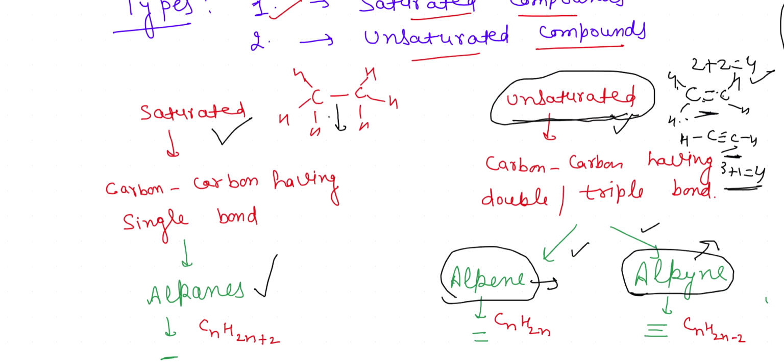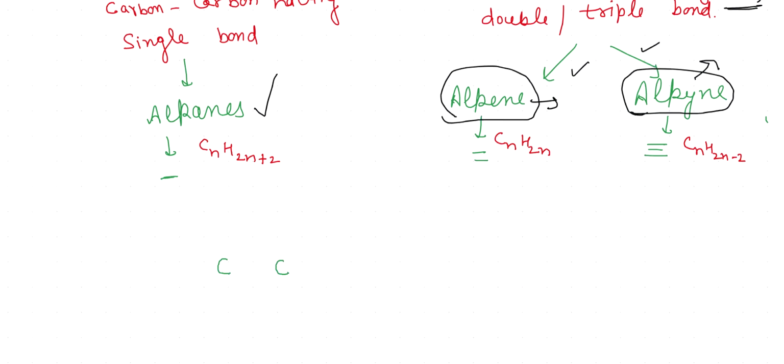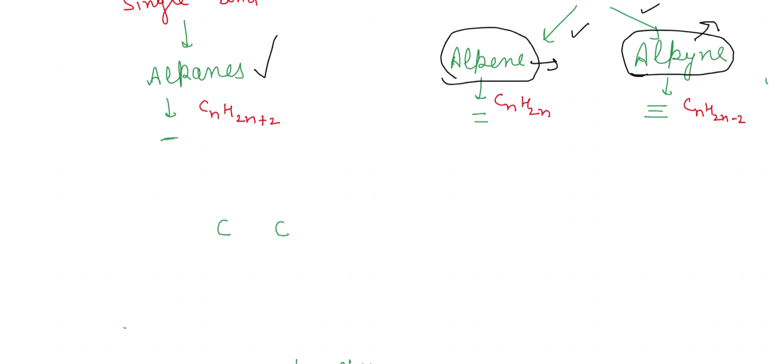So if we start with the nomenclature like this, as this compound contains a single bond between carbon and carbon, and there are 2 carbon. For 2 carbon, we will use the word root eth.